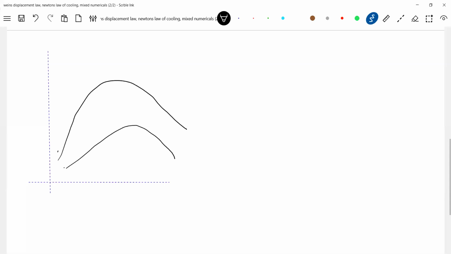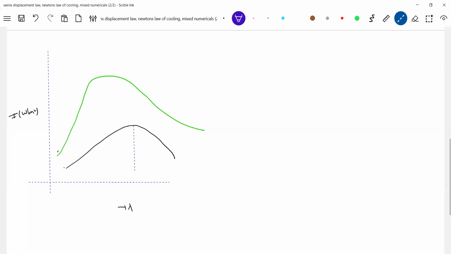Okay, there are two different bodies. This is the wavelength, and look at the two different bodies. Let me use another color here. Can we interpret anything about the bodies? Two different bodies.